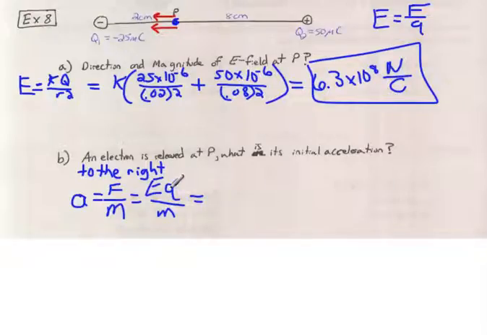The charge is, well, what's the charge on an electron? I think maybe that's in the front of our book. Charge on an electron is e. So anyway, we're going to go 6.3 times 10 to the 8th. That's the field strength. Should we keep our units on this one? I think we should. Let's keep our units on.